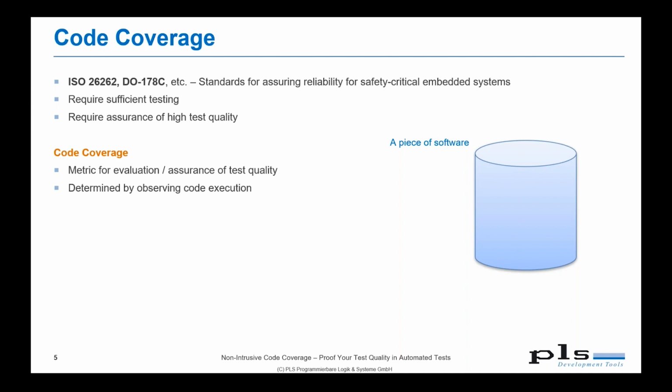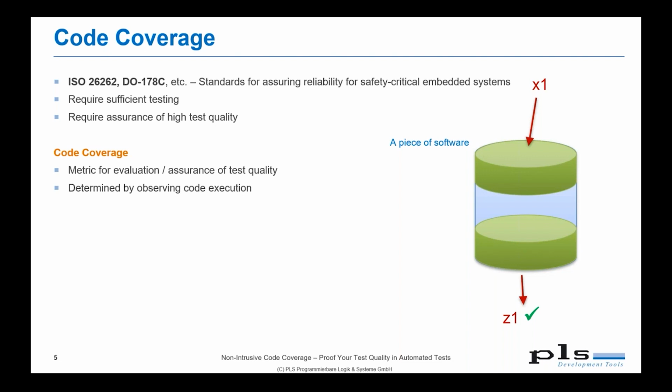Assuming you have a piece of software, this can be a function or a complete module. If you test this piece of software, you use test cases as an input, and you get an output, a test result. The input, I named it X, and the result, I named it Z.